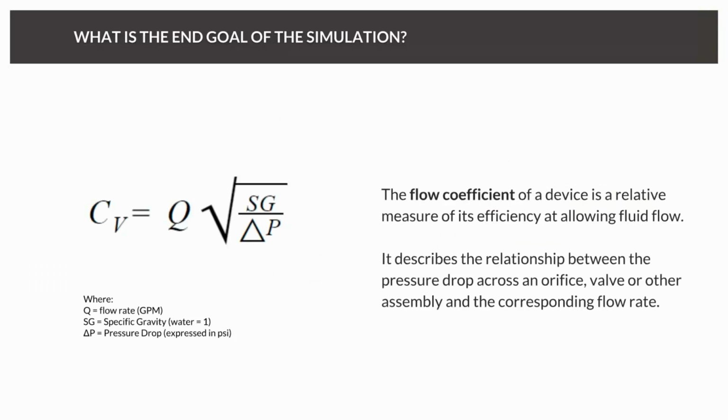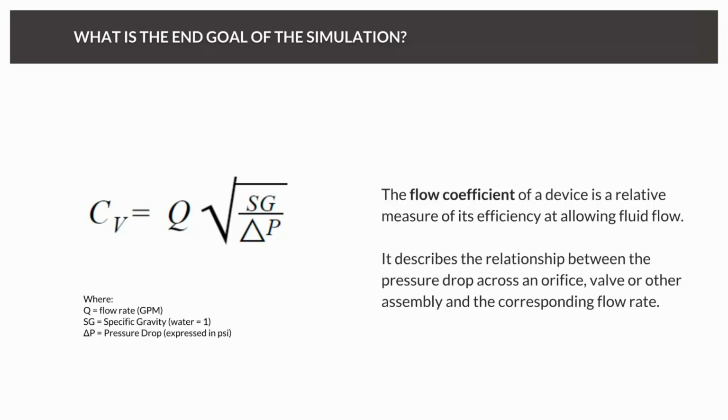So what is the end goal of the simulation? We're going to be calculating flow coefficient, which is a common industry value that's used to evaluate valves. The flow coefficient is basically flow rate, in gallons per minute, times the square root of specific gravity over delta P. Specific gravity for water is 1, and the delta P is in PSI, and flow rate in GPM.